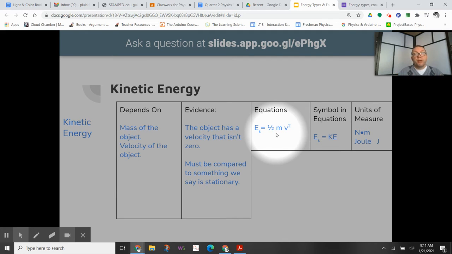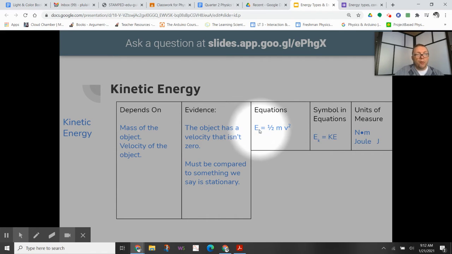There are experimental reasons for that, but with where we are right now, it's simplest, maybe not most comfortable for you, but simplest, if we just say kinetic energy is calculated as 1/2 the mass of the object in kilograms times the velocity of the object in meters per second, squared. We square just the velocity. We don't square the mass. We don't square the 1/2. We just square that velocity.